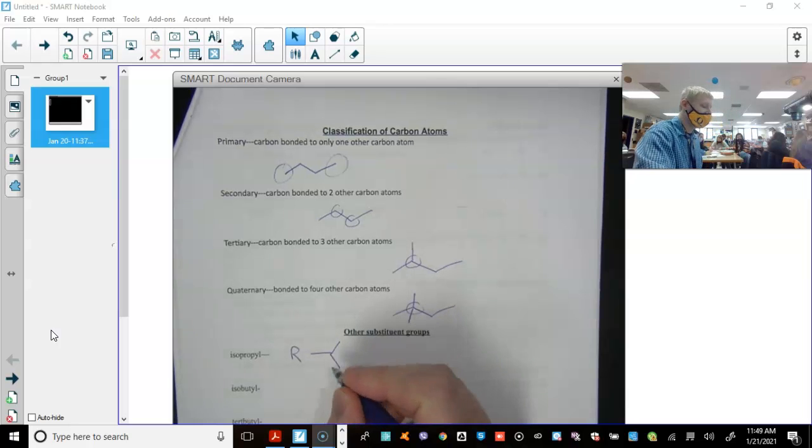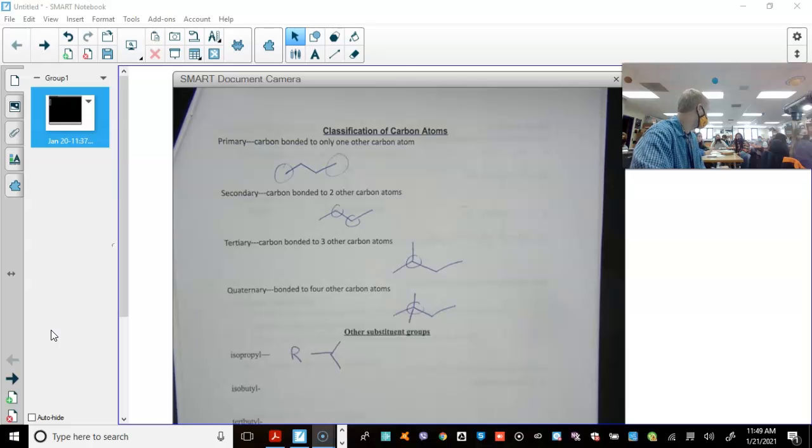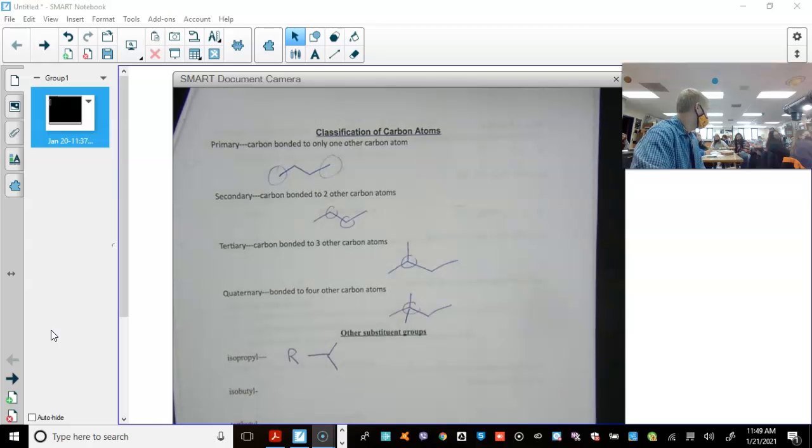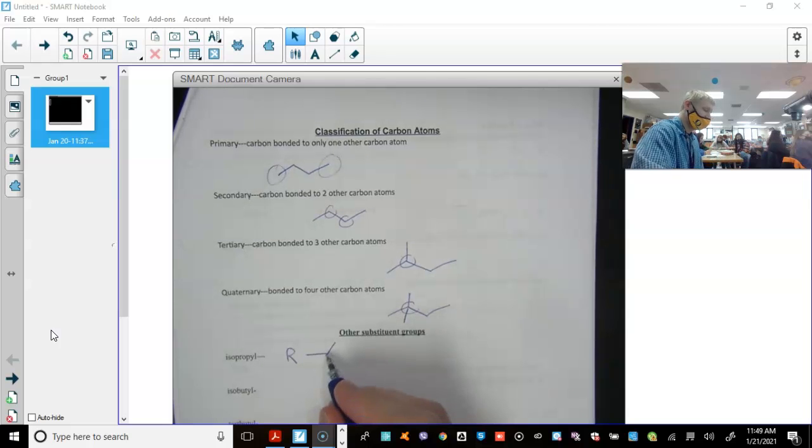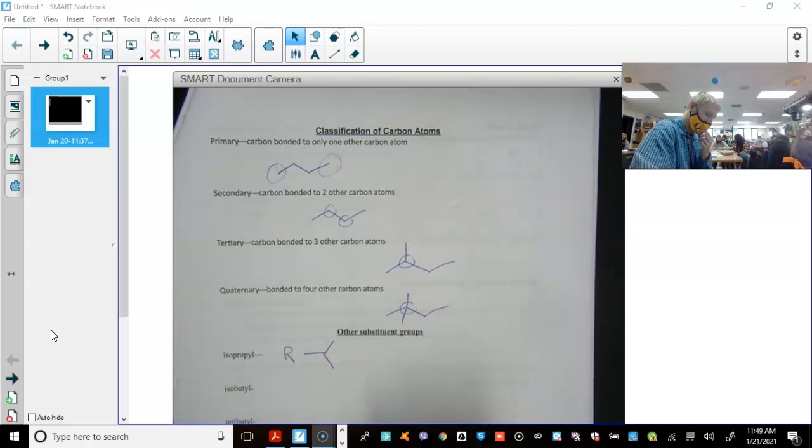I guess you could consider this a tertiary carbon with 2 methyl groups hanging off. That's the conformation of isopropyl, because we got 1, 2, 3, which is propane, and it's connecting to something on the secondary. Well, that was once the secondary carbon. So I guess iso is kind of coming from the center.